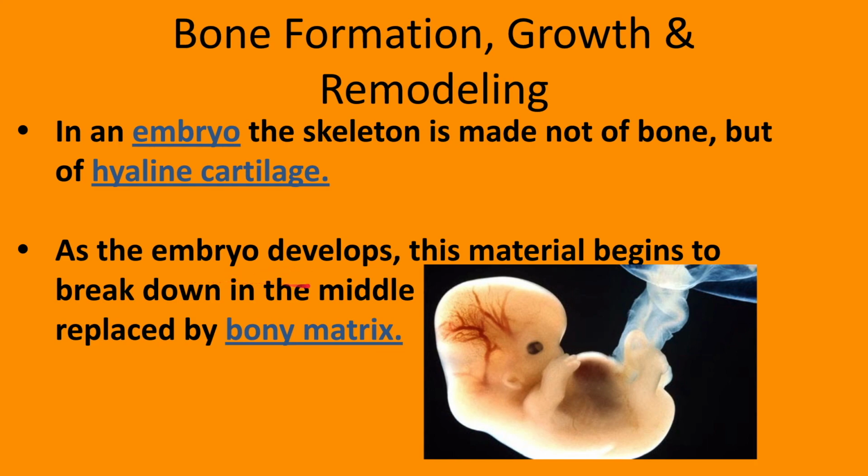And as it breaks down, and as that periosteum forms around the cartilage bones, we'll say, and blood supply begins to make its way into that structure, the presence of that blood supply, as well as the breaking down of that center, begins to form the first parts of the bony matrix.